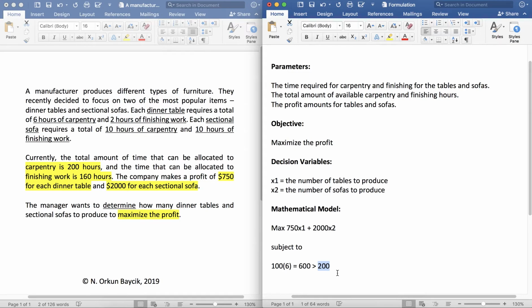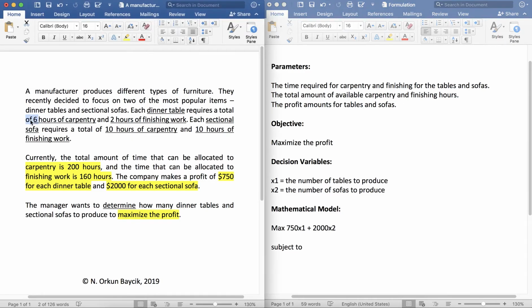Okay, so the mathematical model will look at the bigger picture by including every constraint, but this is just an example to explain what the constraints are for in our models. Okay, so I'm going to remove this because I don't need them in my model. But first, I have a carpentry hour constraint. So I need to list how many hours the carpentry takes for each dinner table.